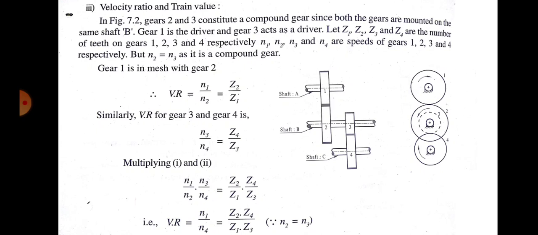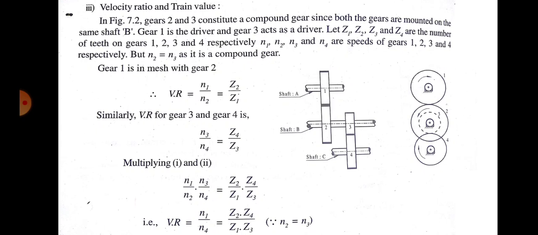Alright. So this is what you need to know. Note there are 4 gears here. Gear 1, gear 2, gear 3 and gear 4. Let us take N1 be the speed of gear 1, N2 for gear 2, N3 for gear 3, N4 for gear 4. Similarly, Z1, Z2, Z3, Z4. Z1 is the number of teeth on the first gear, Z2 on the second gear, Z3 on the third gear, Z4 on the fourth gear.